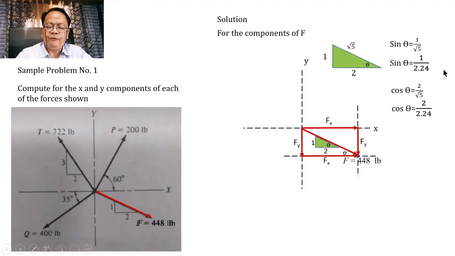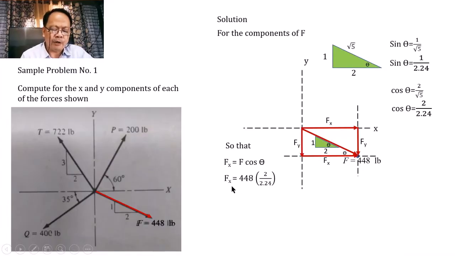magnitude of the functions of the sine and cosine of the angle theta, we can now compute for the x component of F, so that F sub x is equal to F cosine of theta. Now substituting the value of F as well as the cosine of theta of 2 over 2.24, our value of F sub x will be equal to 448 multiplied by 2 over 2.24.